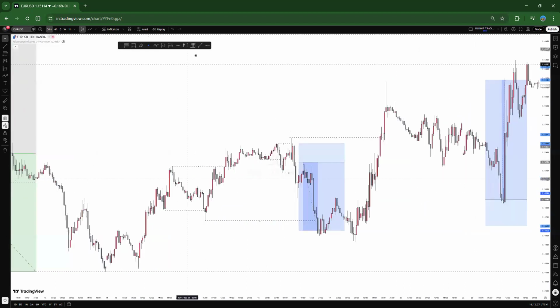You can see that price was making lower lows and lower highs. Then price came to make a higher low, and finally broke structure to the upside.